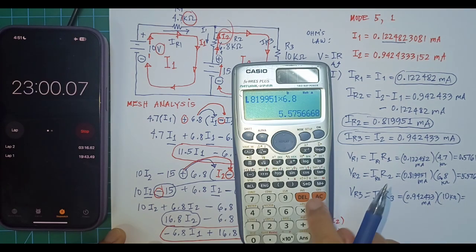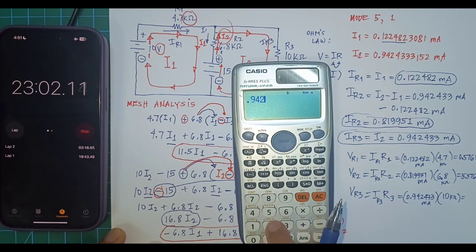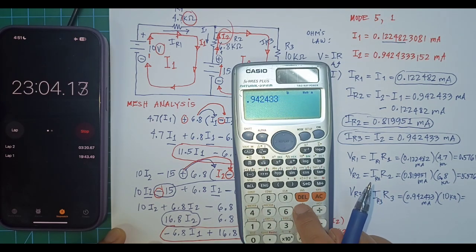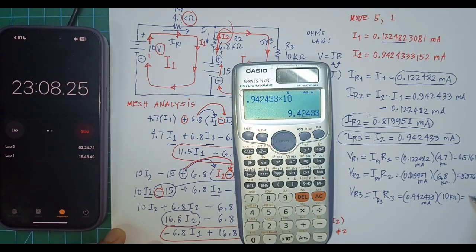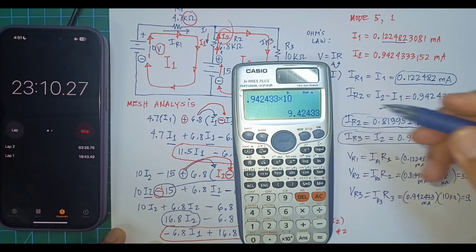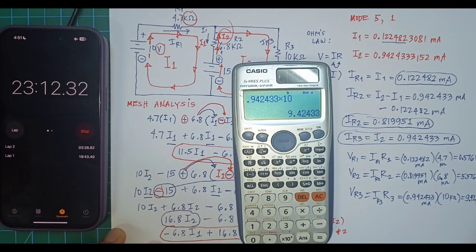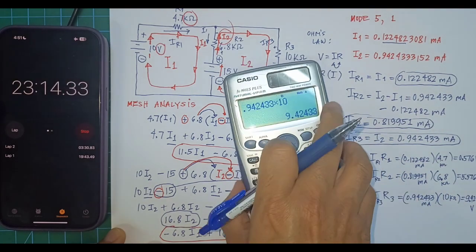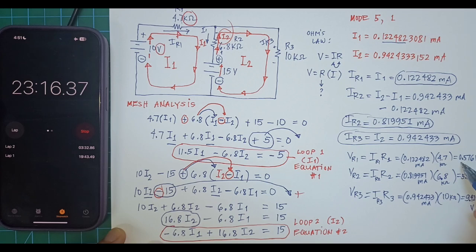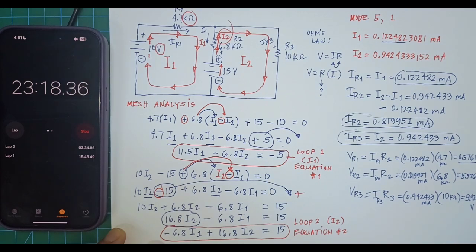And for this one, 0.942433 multiplied by 10, we will get an answer of 9.424 volts. And there you go, we have our voltage on R1, voltage across R2, and the voltage across R3.